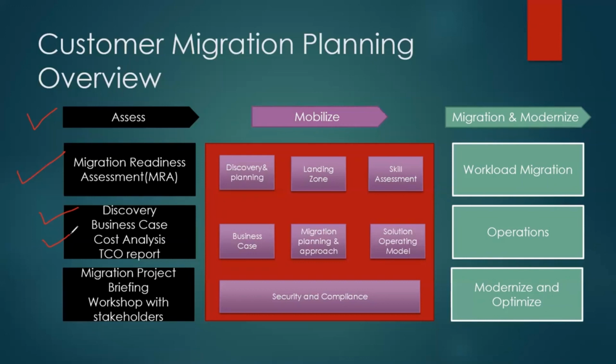To understand the complete cost of the environment, we need to assess all the basic things: the underlying infrastructure, the cost of the property where the data center is created, the rent we are paying for it, the cooling, and the physical security. A lot of things come into the picture while analyzing the cost of the infrastructure.